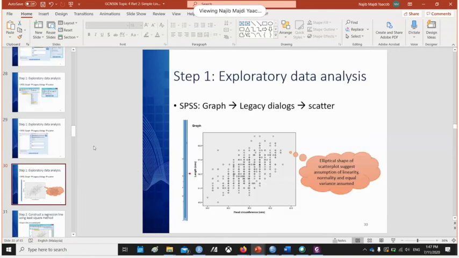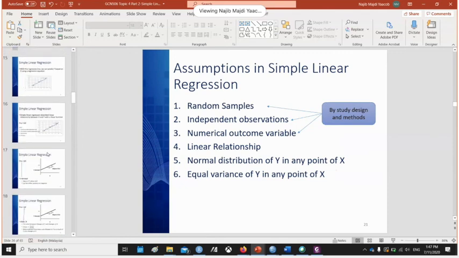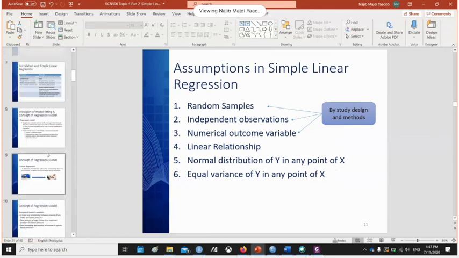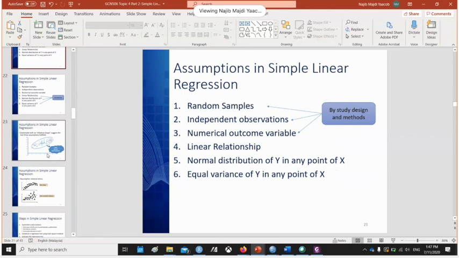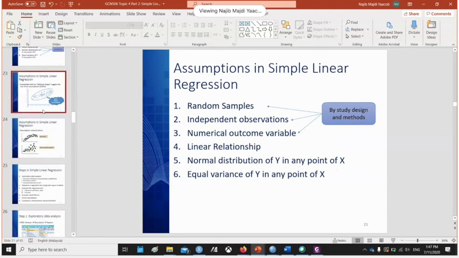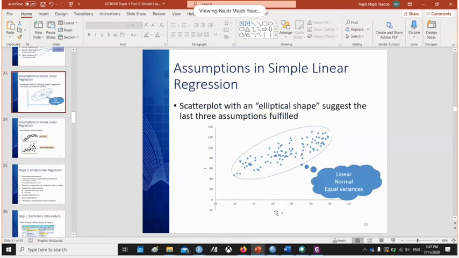Like this one. So X and Y, right? If we plot a regression line based on this data, the regression line is valid throughout the entire range of X. Why?